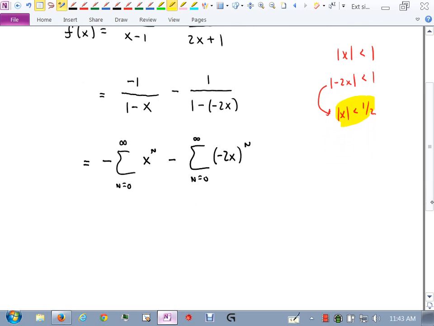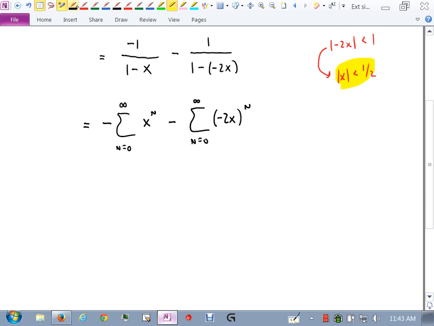Okay, so now my goal is to get this into a single series, not to subtract it. So I'm going to do the following. Let me just pull a negative out of both.